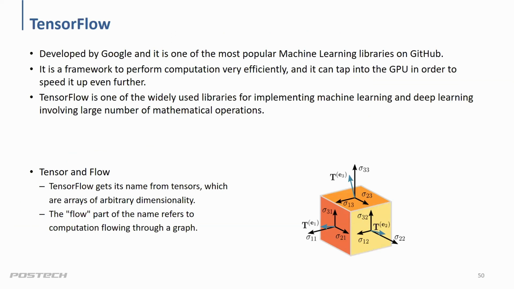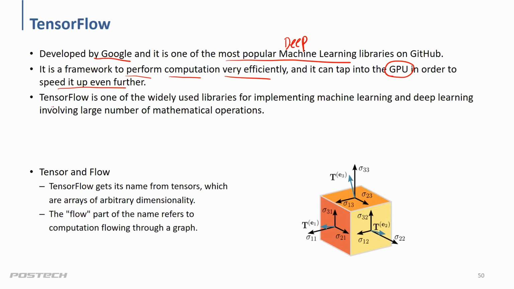And let me explain some of the key things related to TensorFlow. It's developed by Google, and is one of the most popular machine learning, or I would say deep learning, libraries. It performs computations very efficiently and can use a GPU to speed up even further.